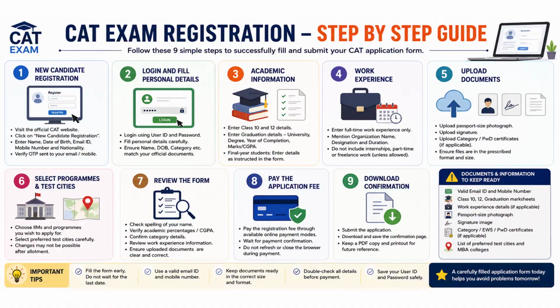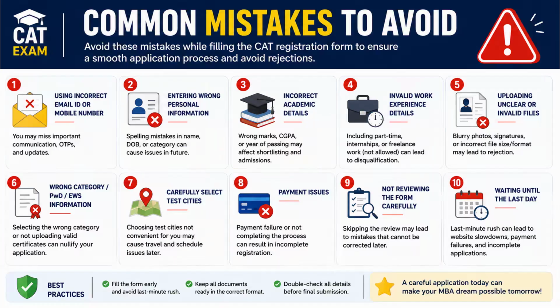Right? Then these are the common mistakes that students make while registering, and you need to avoid these mistakes. So as I have said, the email ID and mobile number should be correct. This is the number one mistake that most of the students commit and later they regret.